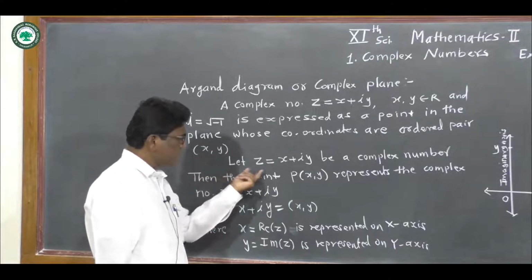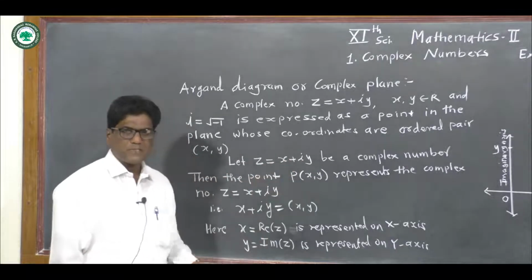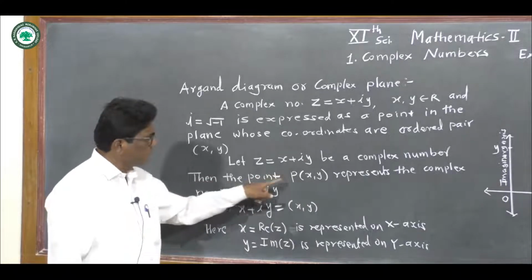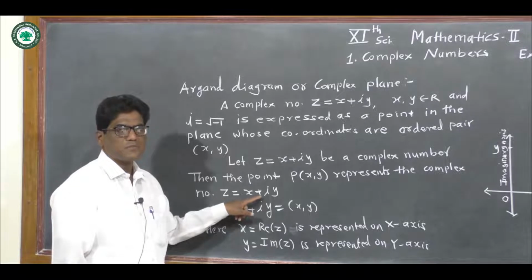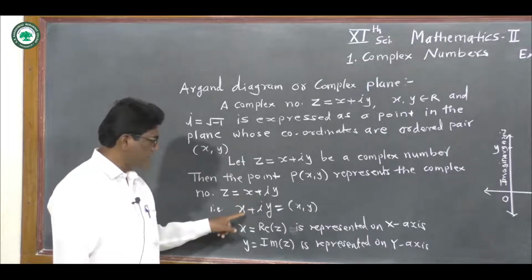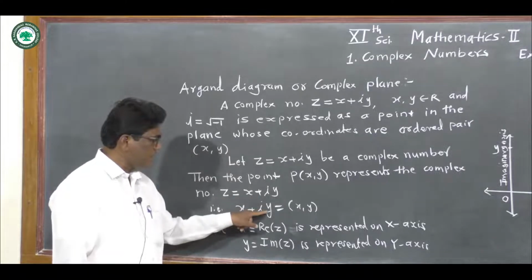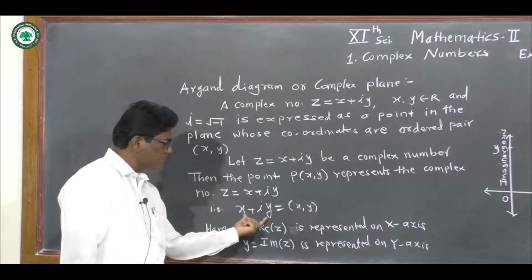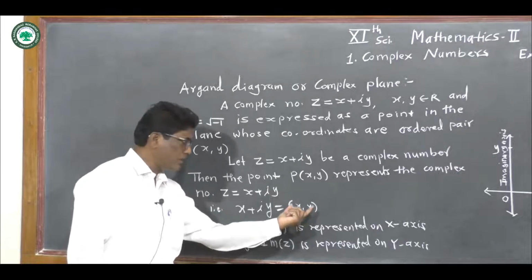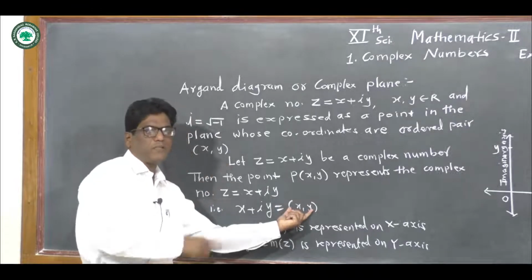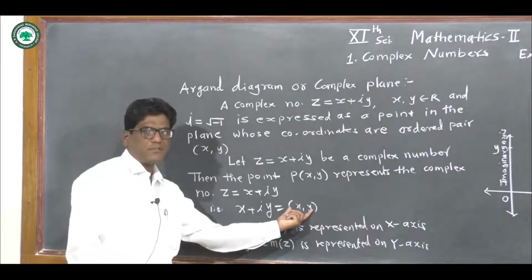Suppose z is equal to x plus iy is a complex number, then the point P(x, y) represents the complex number z is equal to x plus iy. This complex number x plus iy is nothing but the ordered pair (x, y), and we draw this point in the plane.